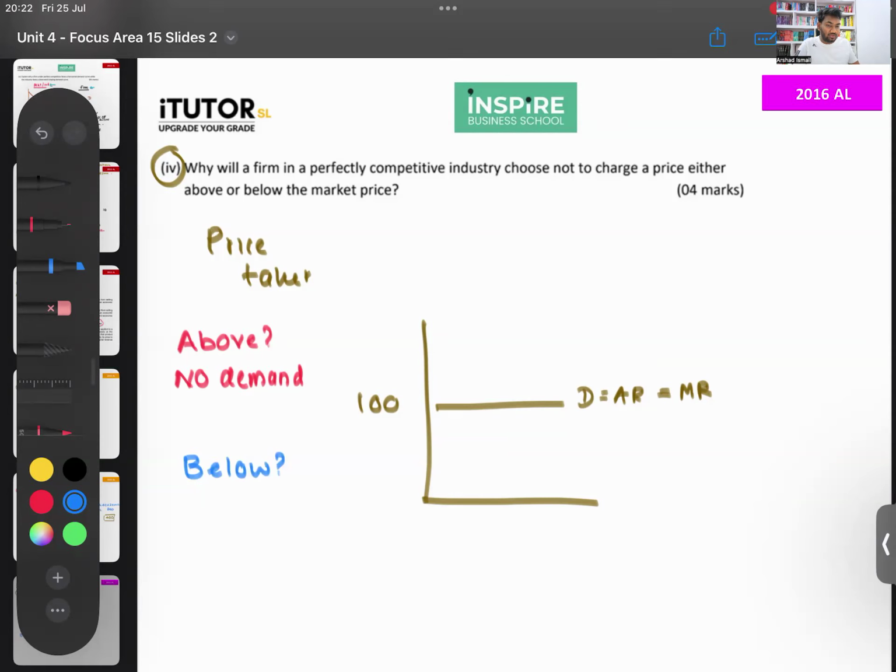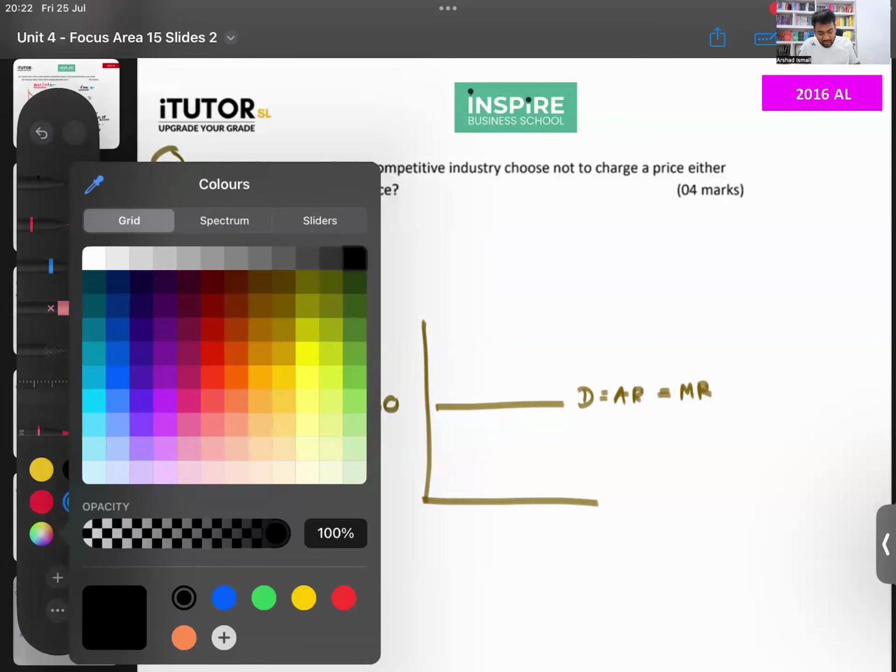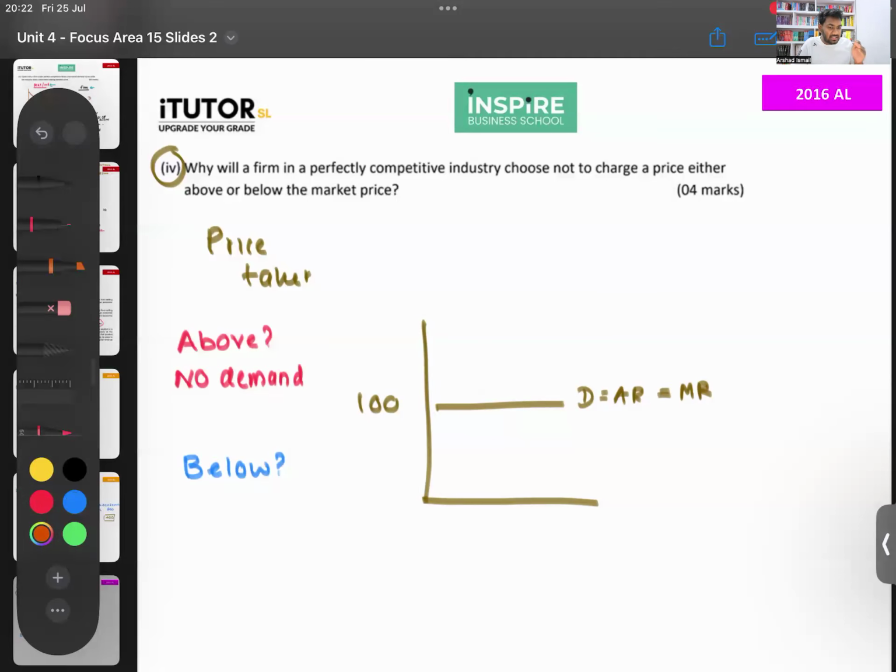Why not below now? Above, I agree, right? He can't sell above it because no one will buy. But why not below? The reason why not below is, what does the perfectly elastic demand curve mean? Perfectly elastic demand curve means he can sell any quantity at the prevailing price.